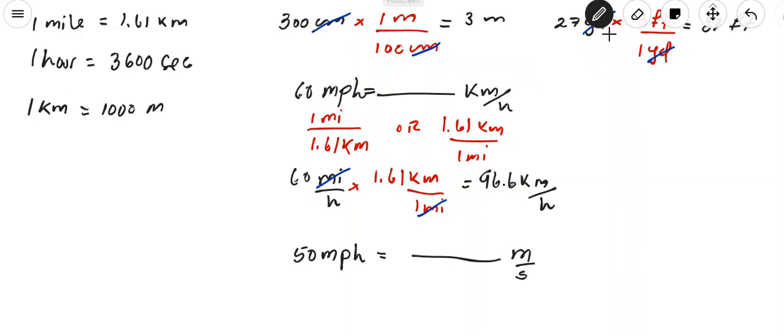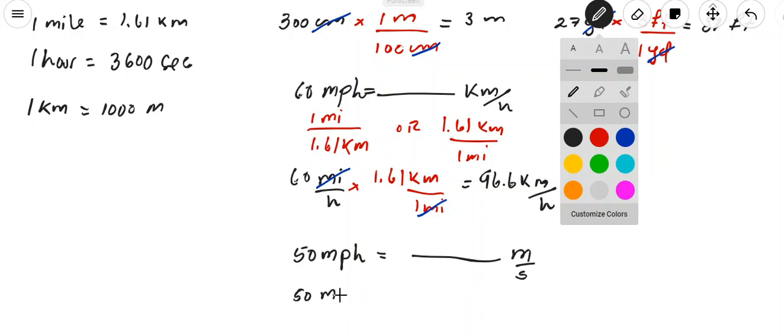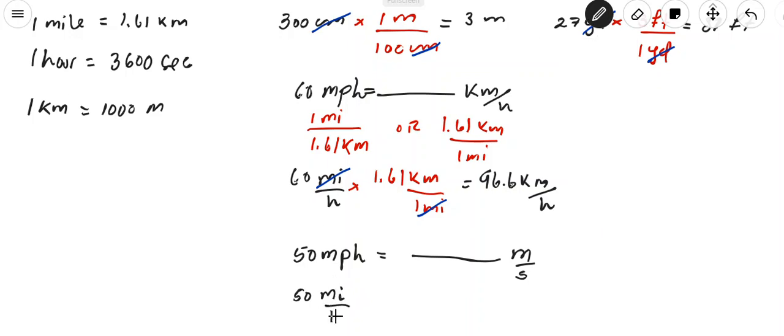The first thing I'm going to do is say, okay, I will multiply my 50 miles per hour, let me say miles over hour, to make it easier, times what? I will convert my miles into kilometers.